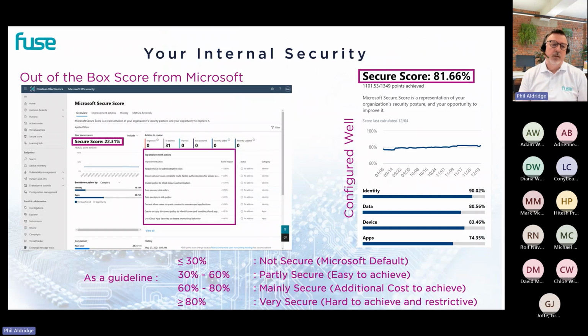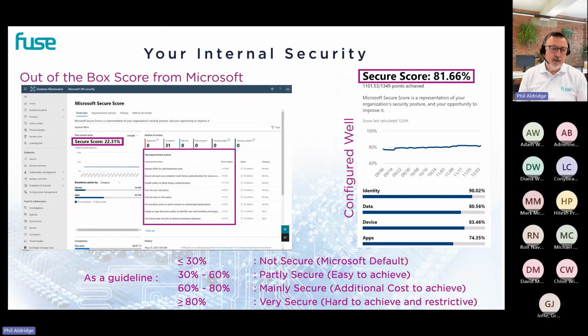Okay. Now, this screen here on the left is the Microsoft Secure Score, and I've got a purple box around a secure score of 22.31. That is the out-of-the-box secure score without any implementation changes or anything done whatsoever. Now, 22%, it could be 21, it could be 26. That's out of 100. It's not a good score. And Microsoft make it really easy for you to enhance your security.